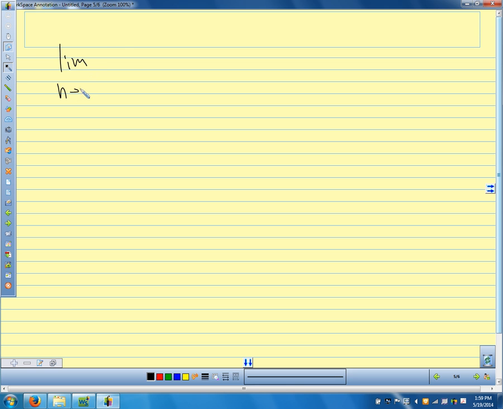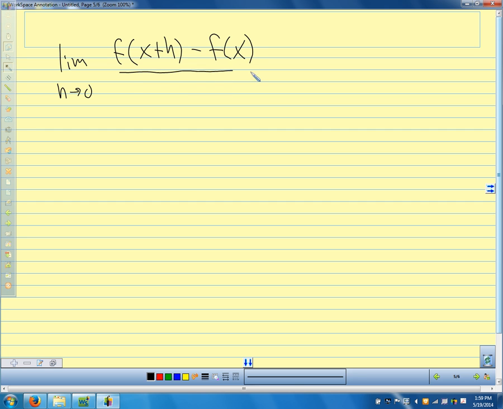The limit as h approaches 0, we've written it a whole bunch of times now, f of x plus h minus f of x over h is the derivative of f of x.